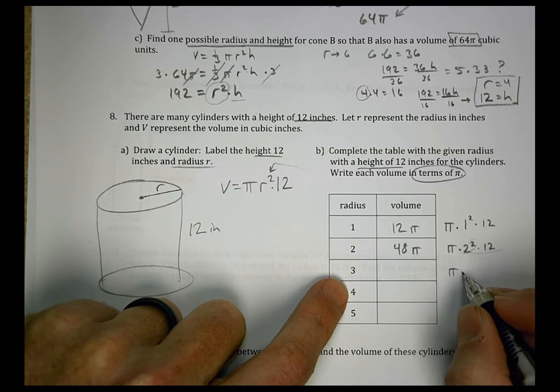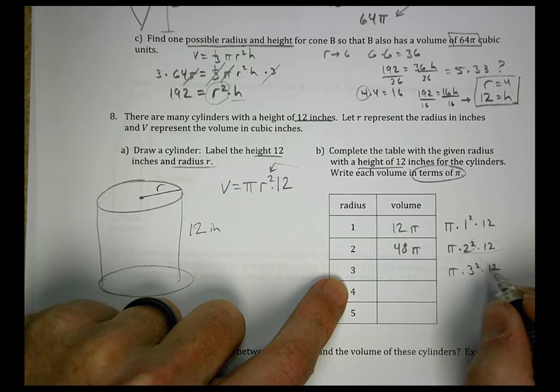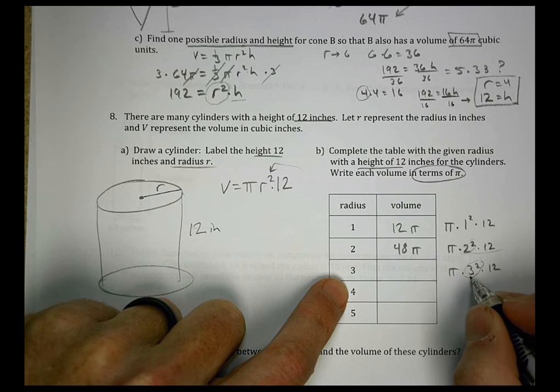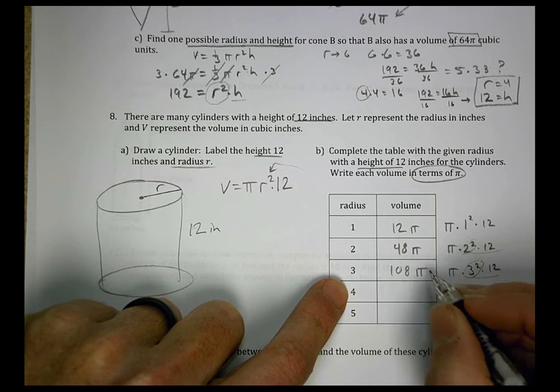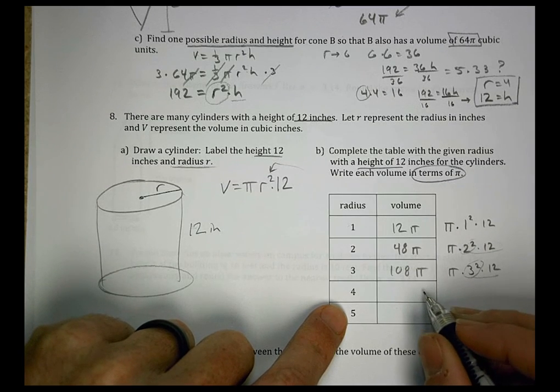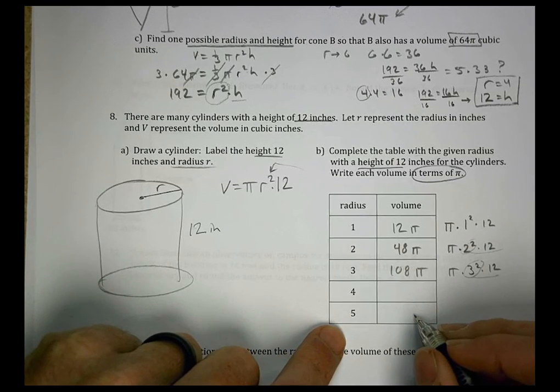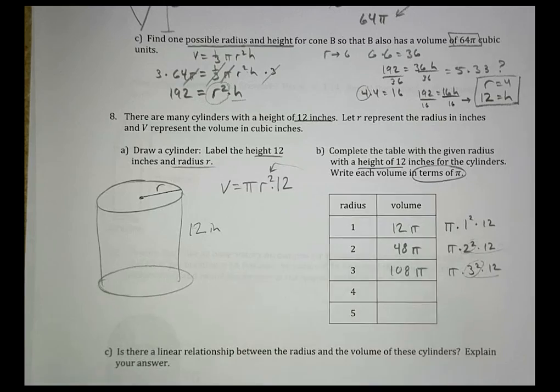Here we have pi times 3 squared times 12. 3 squared is 9, and 9 times 12 is 108 pi. Okay? Do the same thing for 4, and the same thing for 5, and complete the rest of that table. I'll let you do that one on your own then.